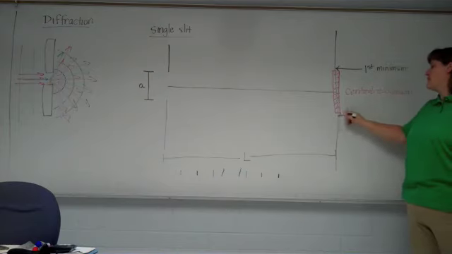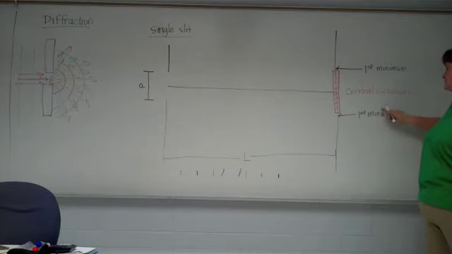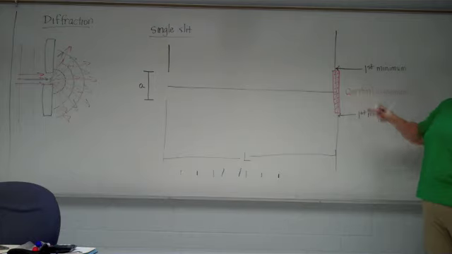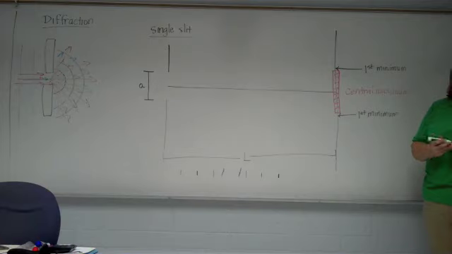The first minimum on either side is located the same distance from the center of the central max. So if you measure from the absolute center of the central max to the dark spot on one side versus the center of the central max to the dark spot on the other side, they're the same distance away.